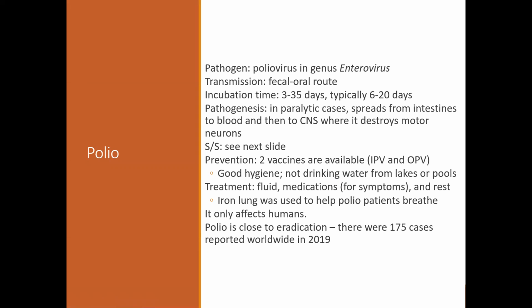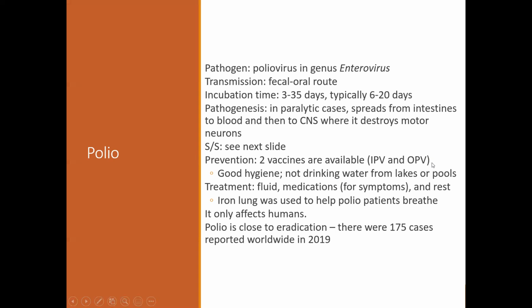There is still ongoing cases of vaccine acquired polio. In the United States, we use the inactive polio vaccine. But a lot of places around the world still use the oral polio vaccine.